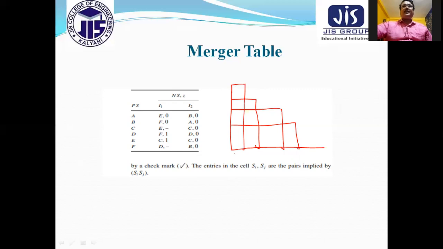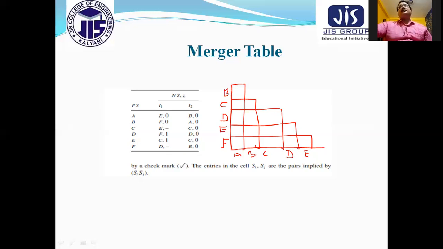Here you can start with A, B, C, D, and then E. And here you can start with B, C, D, E, and then F.